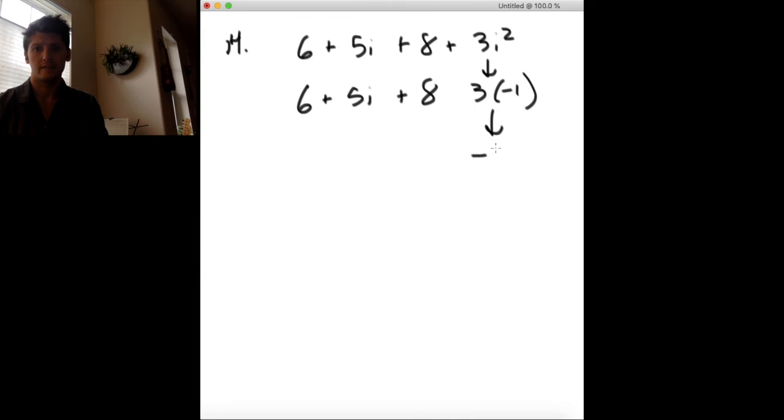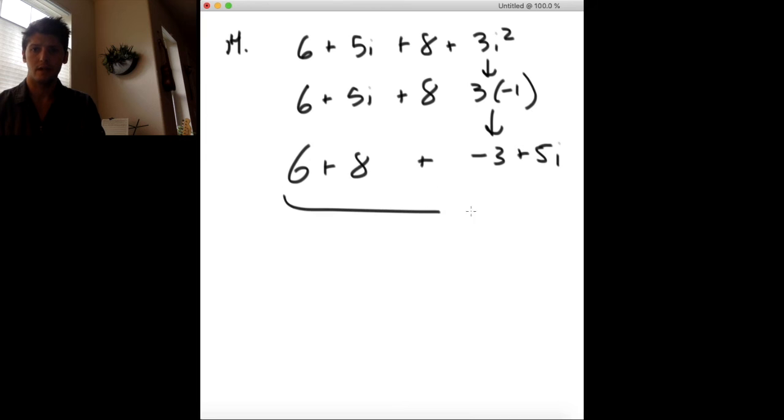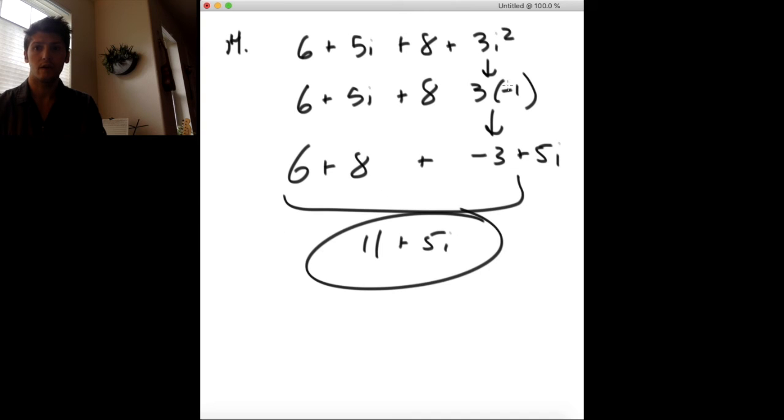And so we're adding 6 plus 8 plus negative 3 plus, I'll write the 5i back here. So these three things add up to be 11, and then the 5i just stays the way it is. So the only thing we have to know is that i squared is negative 1, and then do the math. So answer choice A for 14.